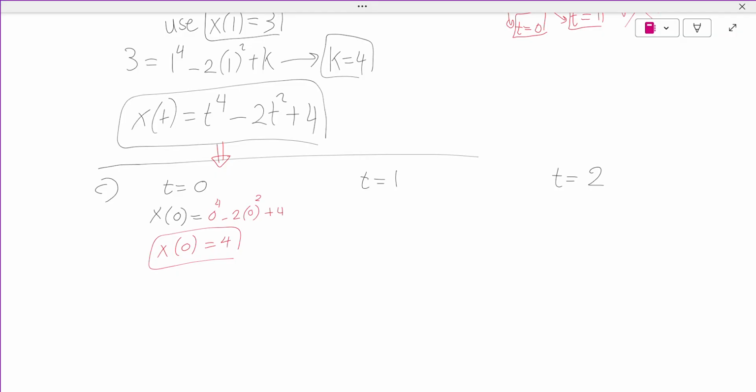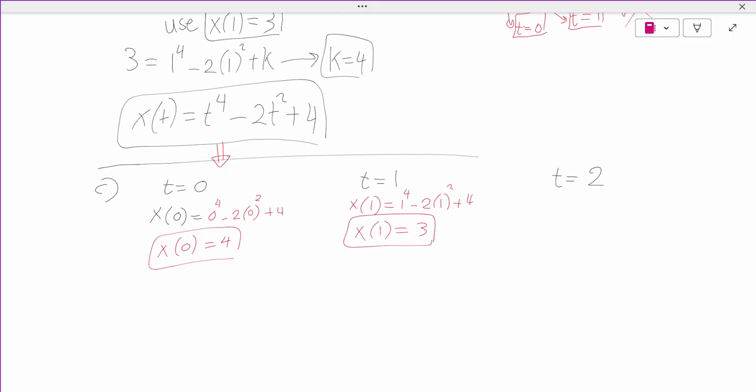Now the particle started moving. Now for the first, let's say 1 second or 1 minute, the particle reaches what? Let's find x of 1. X of 1 will be 1 to the power of 4 minus 2 times 1 squared plus 4. This is 1 minus 2 is minus 1 plus 4 is 3.